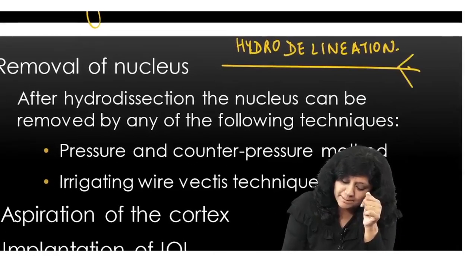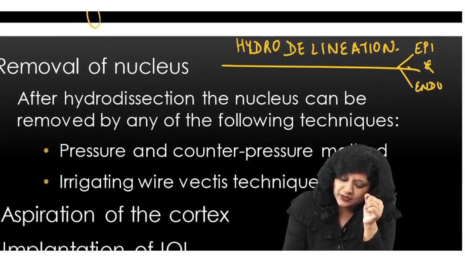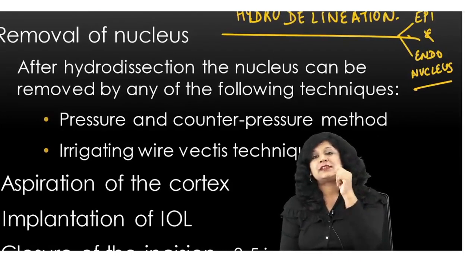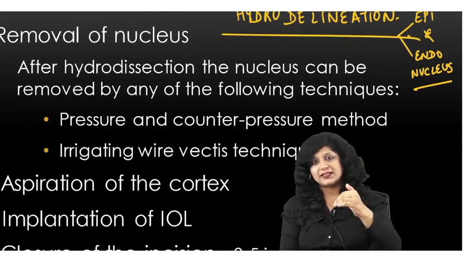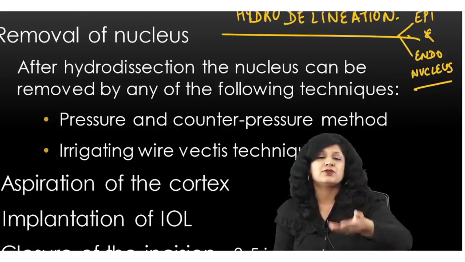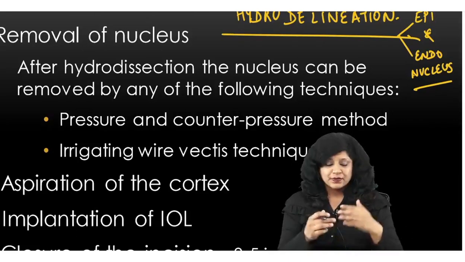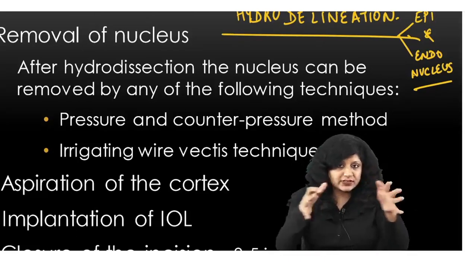Hydrodelineation actually separates the epinucleus and the endonucleus. So hydrodissection separates the capsule from the cortex, and this separates the epinucleus from the endonucleus, sometimes maybe nucleus from the cortex also. Okay, so we have loosened it out.